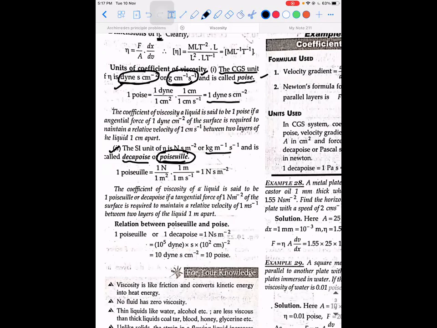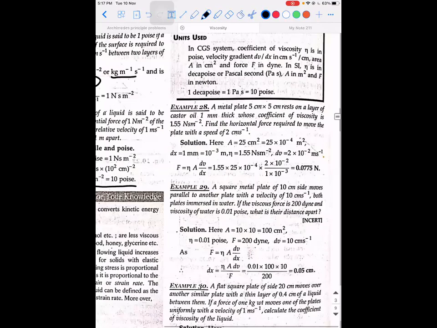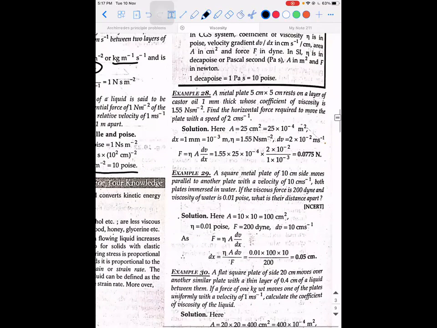Poiseuille. Okay, sir. Got it? Yes, sir. So the relation is also shown here. Now, based on this, let's do a problem.